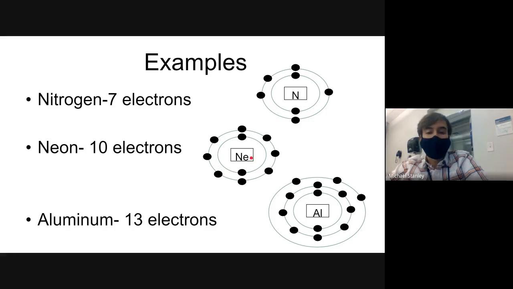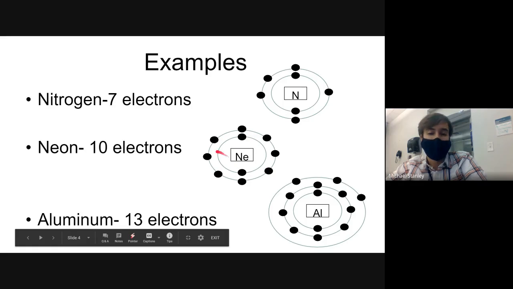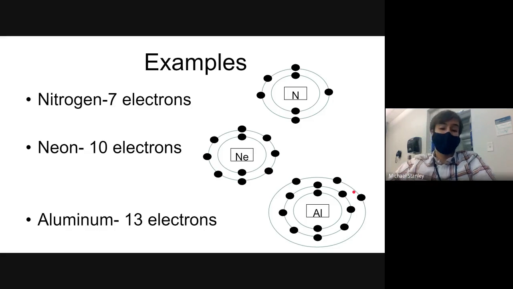Neon was that one atom we talked about a little bit ago where it has a full first and second shell. So 2 and 8 together give us 10. And then aluminum we just did has the 2 on the first shell, the 8 on the second shell, and the remaining 3 on the third shell gives us our 13 aluminum electrons.